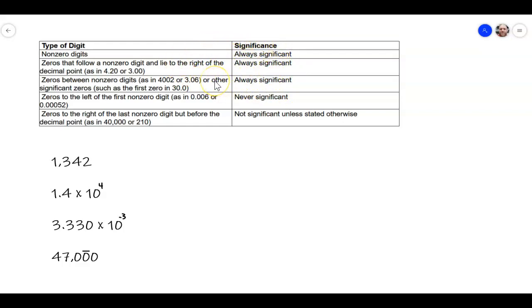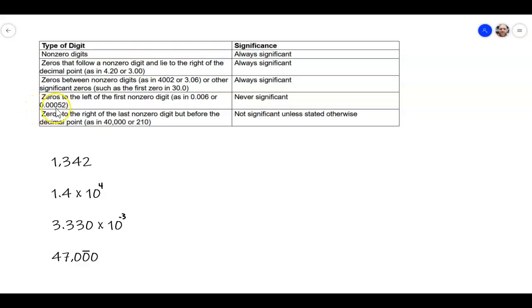Now, what is not counted in a number? What don't we count as being significant? The big one is the zeros to the left of a value. If we have a number like 0.00052, all those zeros on the left, we never count the leading zeros.